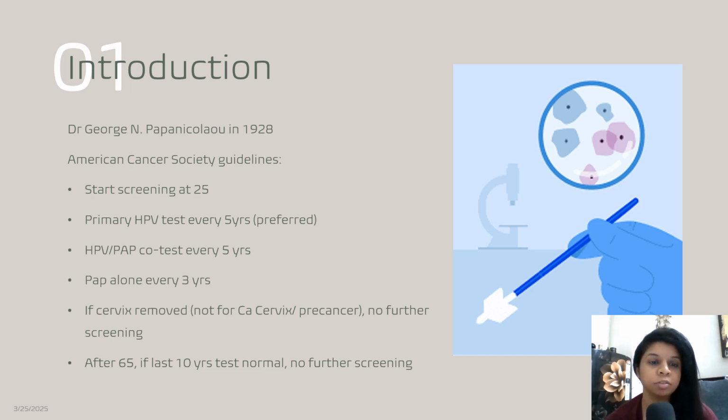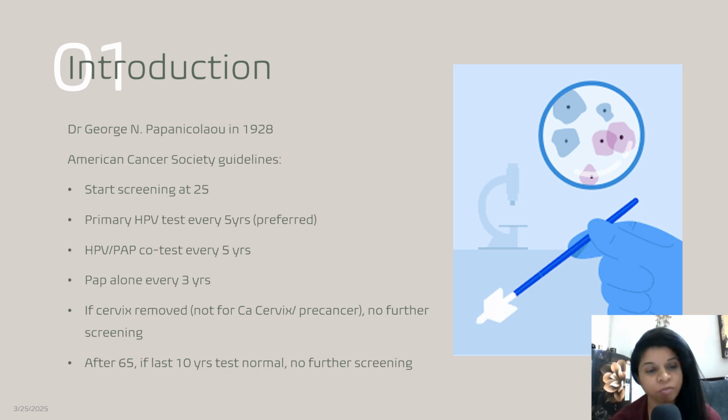And before going to the topic proper, you should know that cervical cancer screening or pap smear testing has to be done according to the American Cancer Society guidelines. According to these guidelines, the screening should be started at the age of 25 years. This is the latest guideline. Then primary HPV testing should be done every 5 years, which is preferred.